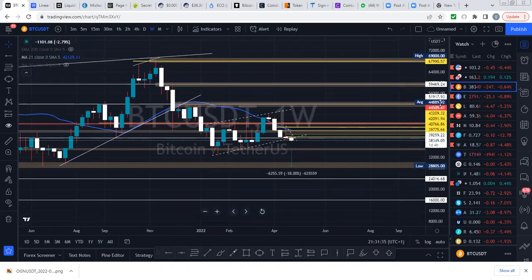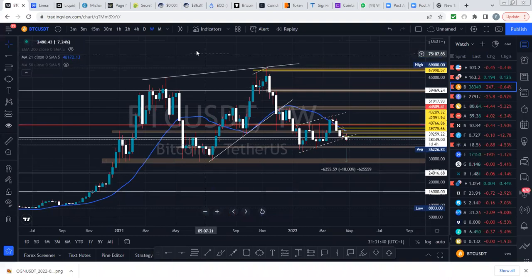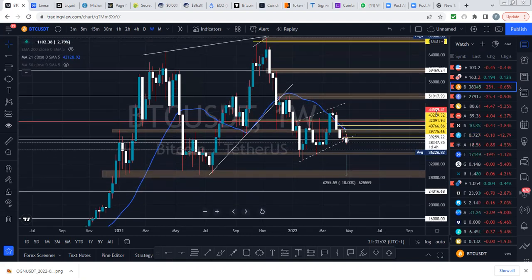That's how time frames work. H4, 4 hours: each 4 hours, it will print another candle. Then 1 hour, we print one hourly. Then 30 minutes, we print every 30 minutes. 15 minutes, same. 5 minutes, 3 minutes, 1 minute. So that's how it is.